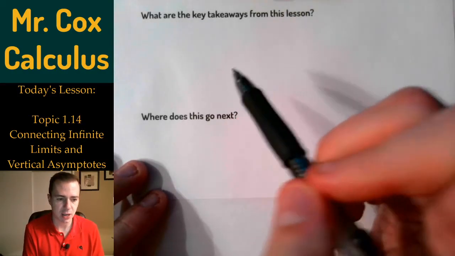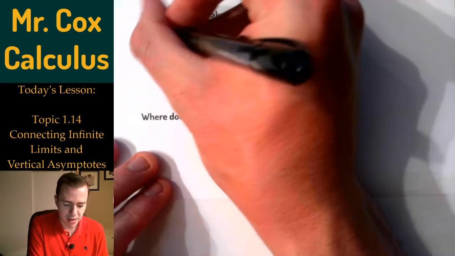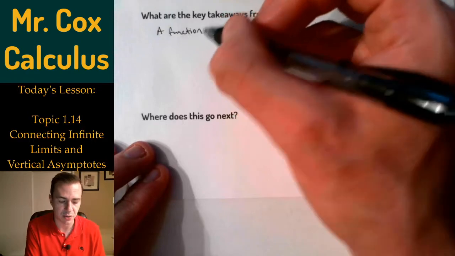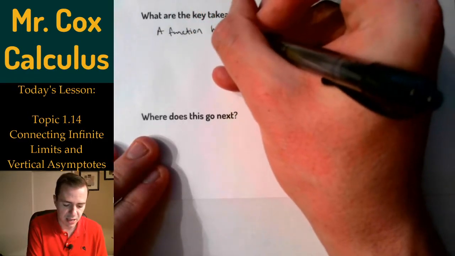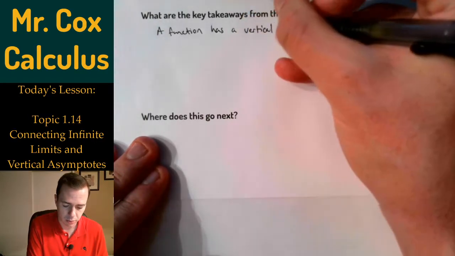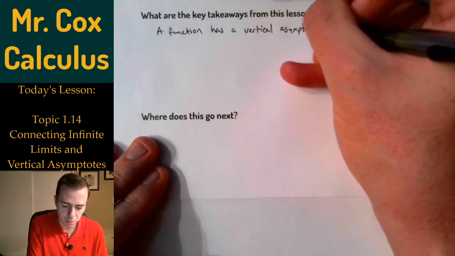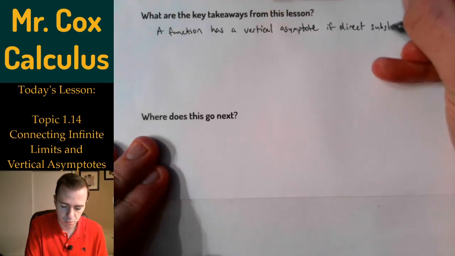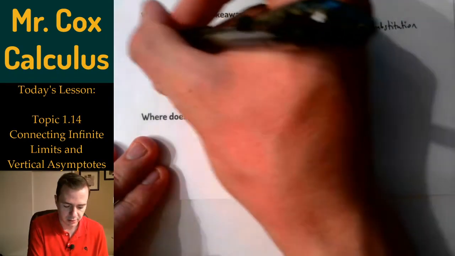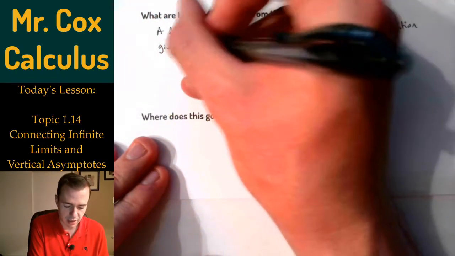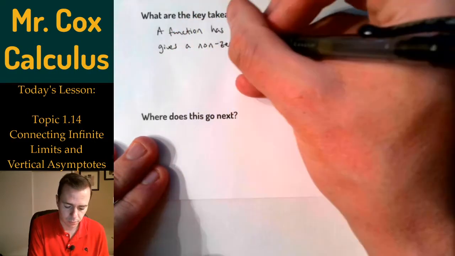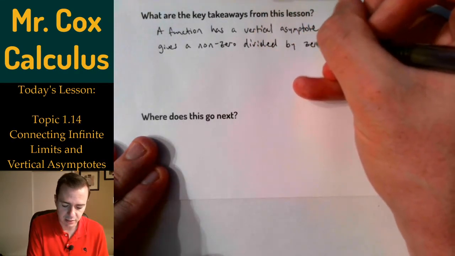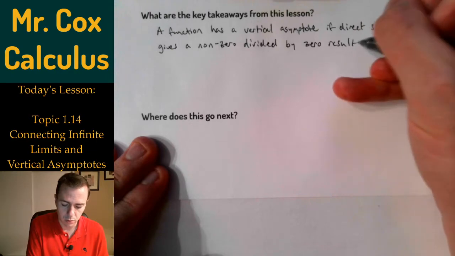So what were our key takeaways from this lesson? Well, our main takeaway that we already had kind of established earlier on when we talked about discontinuities is we said that a function has a vertical asymptote if direct substitution gives a non-zero divided by 0 result.